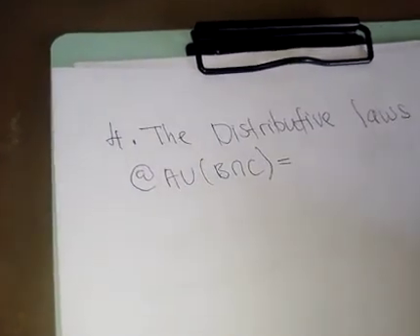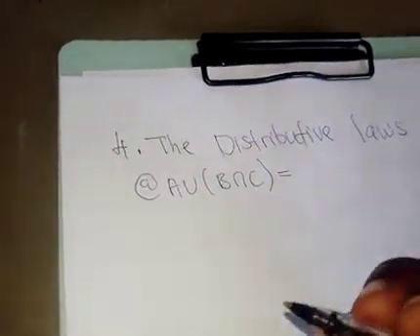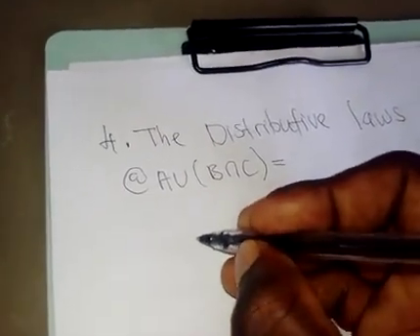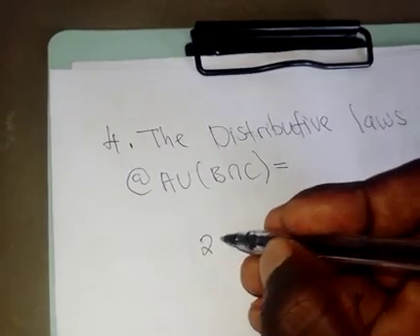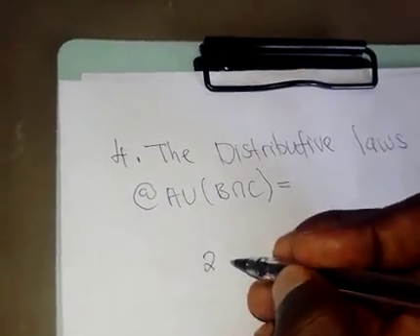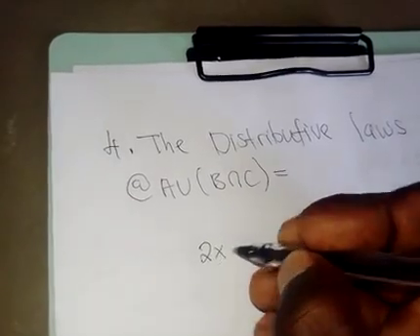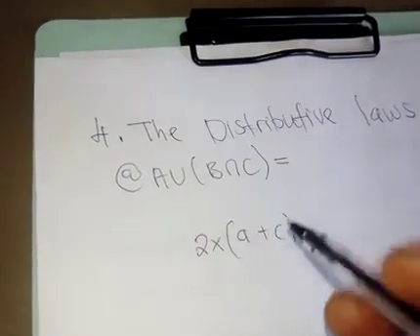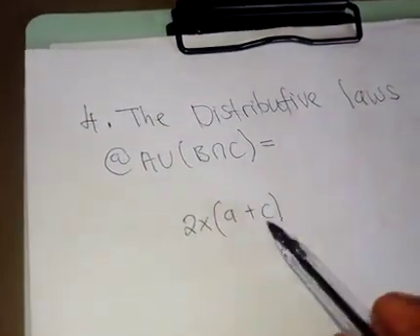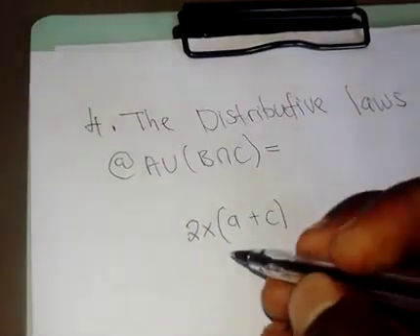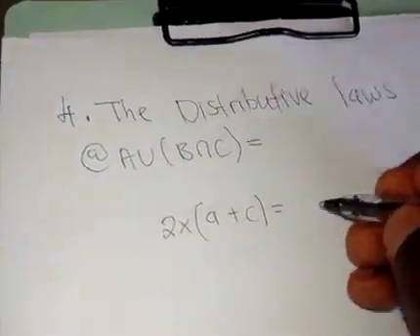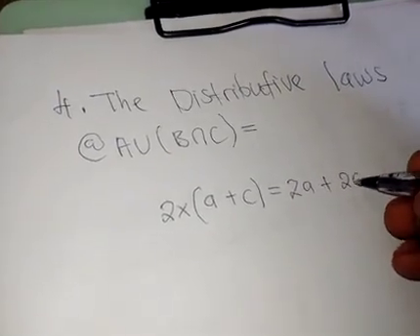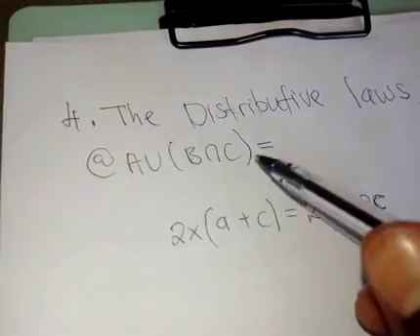An example which I can give: let's say we have 2 there, then the multiplication, let's say (A plus C). What you do, you distribute the 2 to A and C by simply multiplying. So this is actually the same as 2A plus 2C. The same thing can be applied to sets.